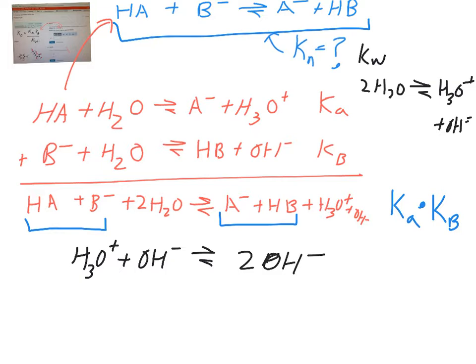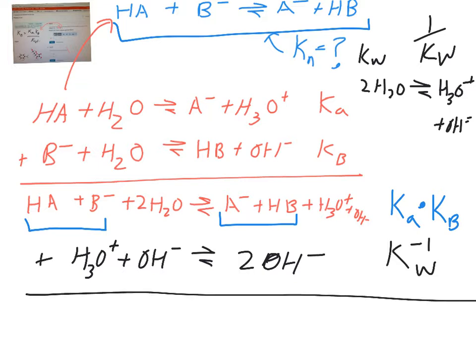If I reverse a reaction, what do I do to its equilibrium constant? I take the multiplicative inverse of it, or 1 over Kw. So if I add the reverse of my Kw reaction to the sum of my Ka and my Kb reactions, look what happens.